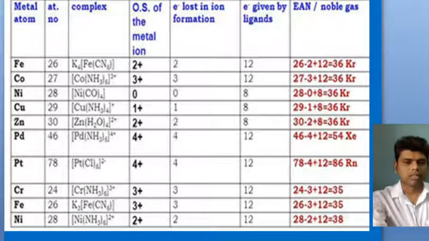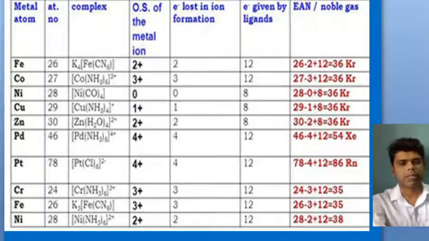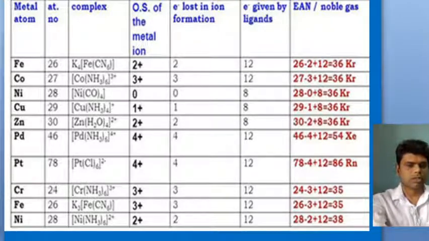So 6 Cl minus and Pt +4, making that one as -2. So from that, electrons lost during oxidation is 4 electrons. So your atomic number minus 4 plus 12, making that one as 86. And again here also it is obeyed by attaining the configuration of radon.